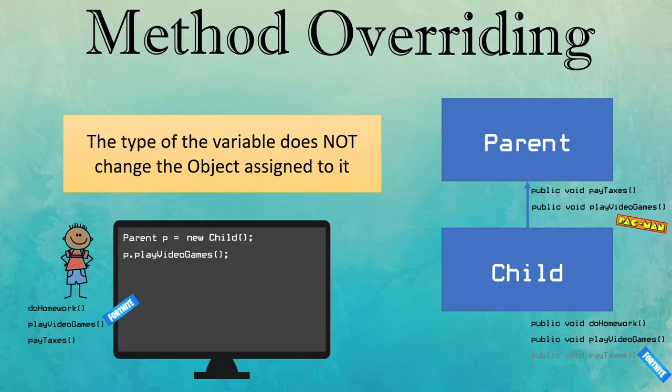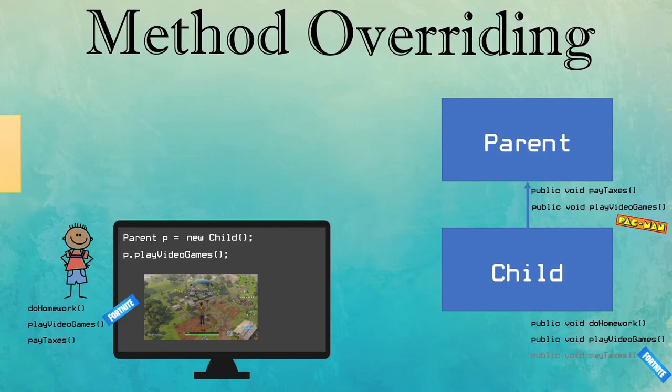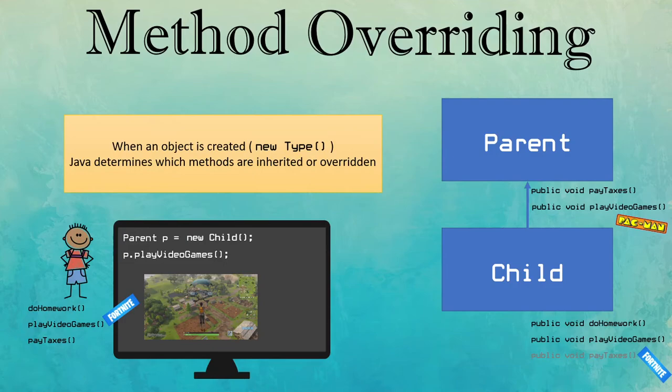If we call the play video games method on this p variable, it will tell the child assigned to it to play video games. Since child objects play Fortnite, p.playVideoGames will play Fortnite. Even though it is assigned to a parent variable, a child object is still a child object, and it does child things. When an object is created with the new keyword, Java determines which methods are inherited or overridden.